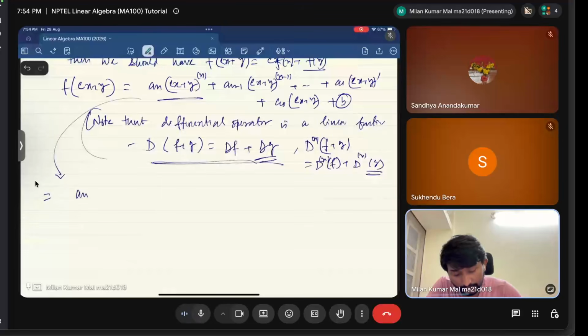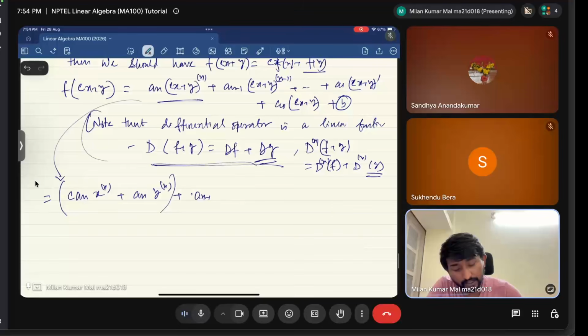I will get a_n c x_n plus a_n y_n. Next, corresponding to the next term, c a_{n-1} x_{n-1} plus a_{n-1} y_{n-1}, plus all the way to a_1 times c x dash plus y dash. Next is a_0 cx plus y, plus b.